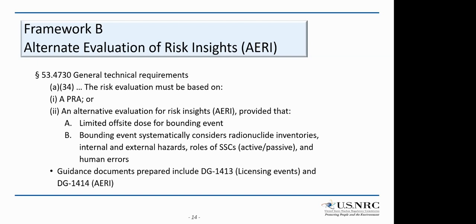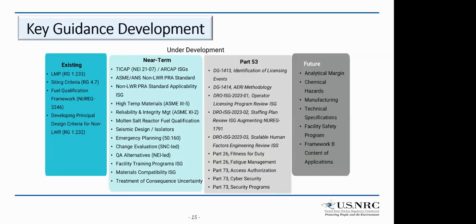There's guidance available, or draft guidance that is available in DG-1413 for how to do a systematic look at events, and then DG-1414, which is actually on how to use ARI principles in general.